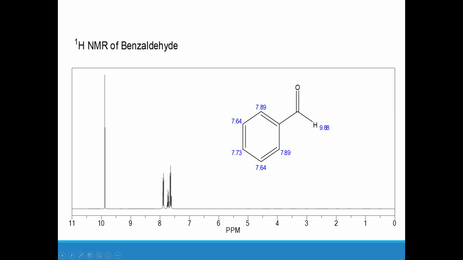But we can see that the hydrogen on the aldehyde is the most downfield because it's close to the carboxyl group. As well, the hydrogens on the benzene ring closest to the carbonyl group will have a higher ppm than the hydrogen furthest away. So you can see 7.89, 7.64, and 7.73.